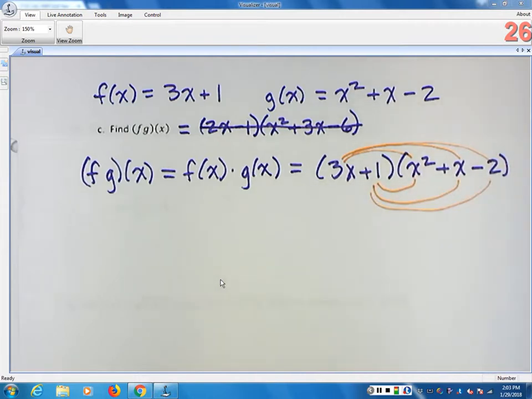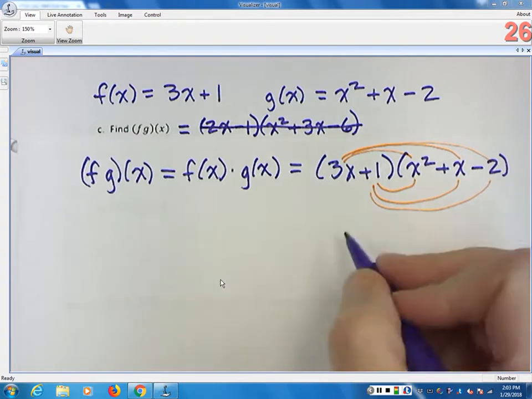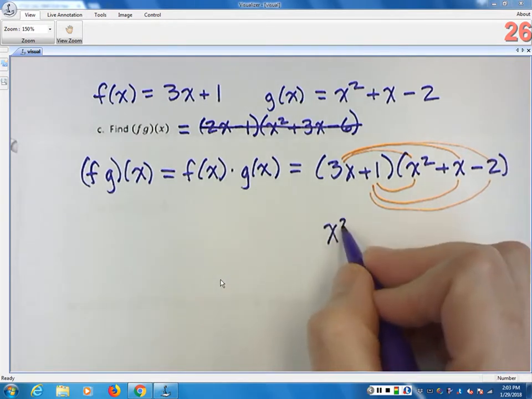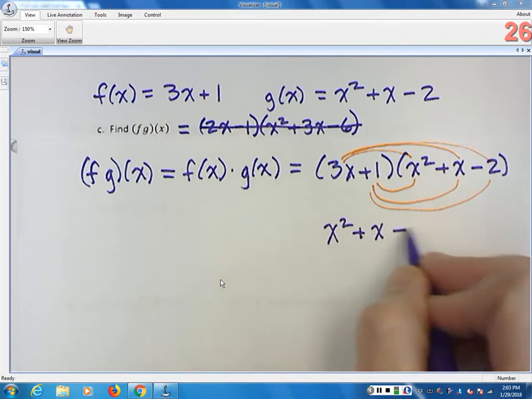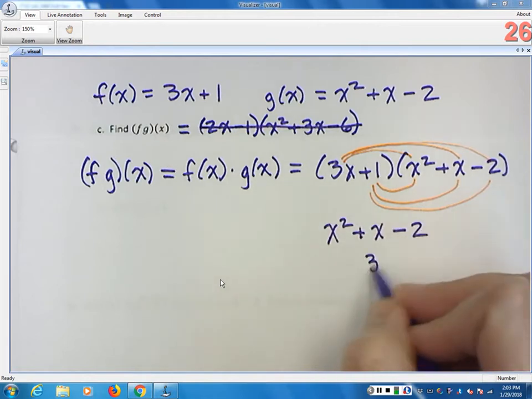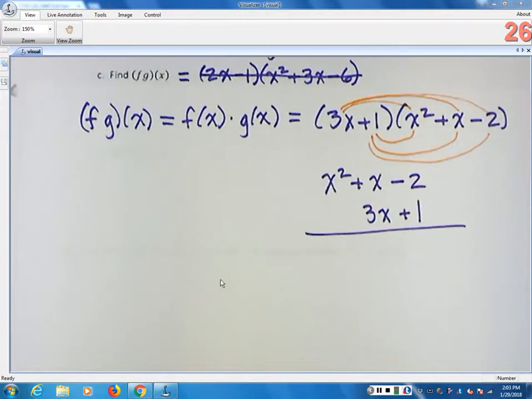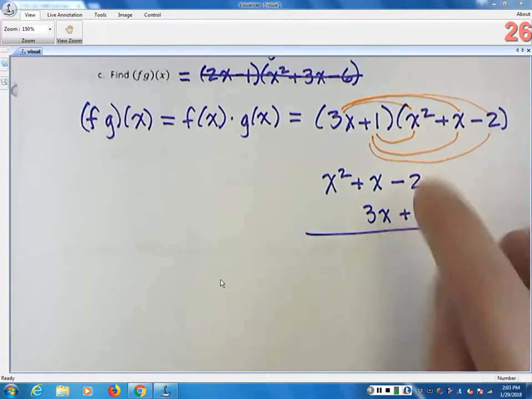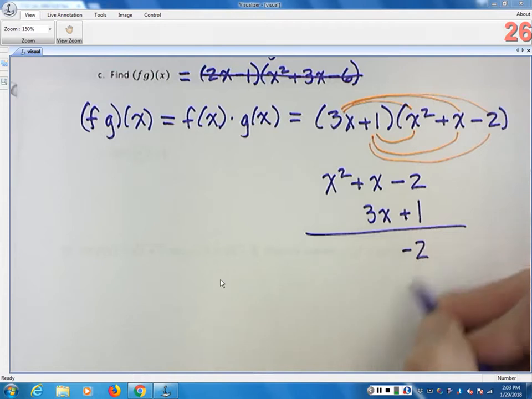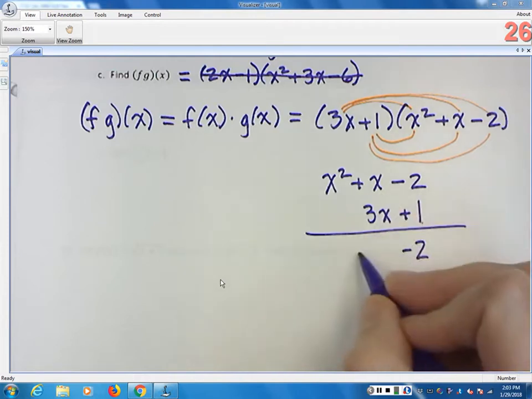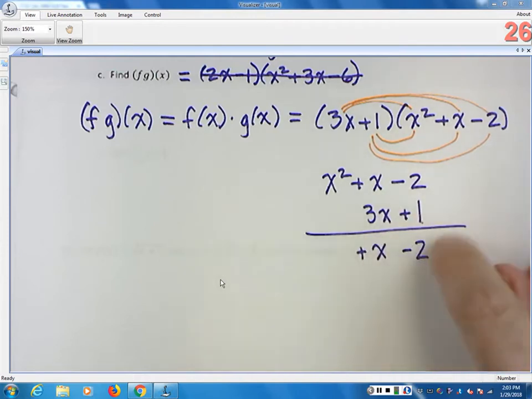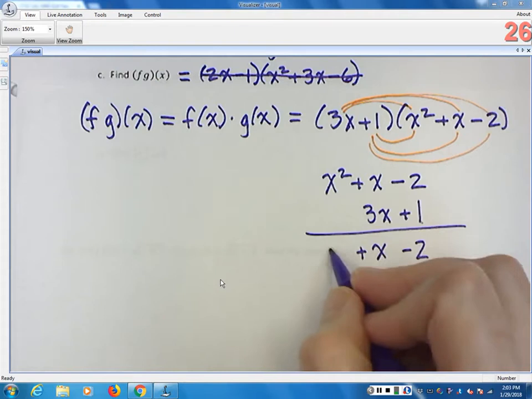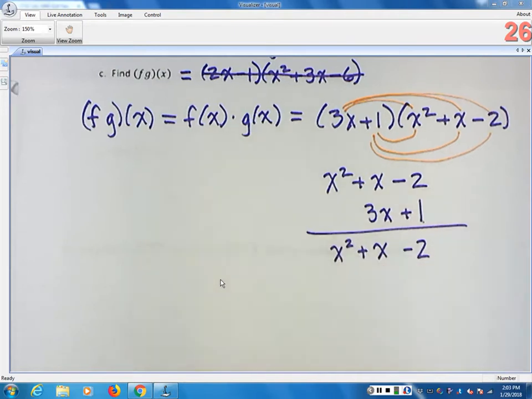Well, I like to actually write it down as x squared plus x minus 2 and 3x plus 1 and do long multiplication. So I'm going to do 1 times each of these things. 1 times negative 2, 1 times x is positive x, 1 times x squared is positive x squared.